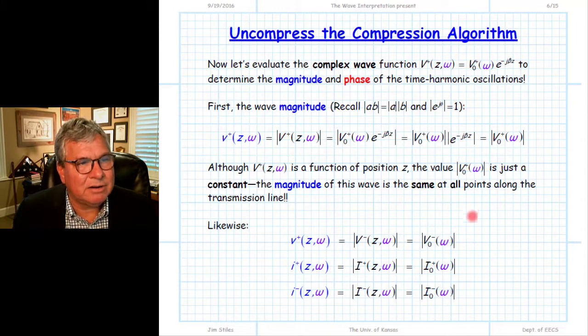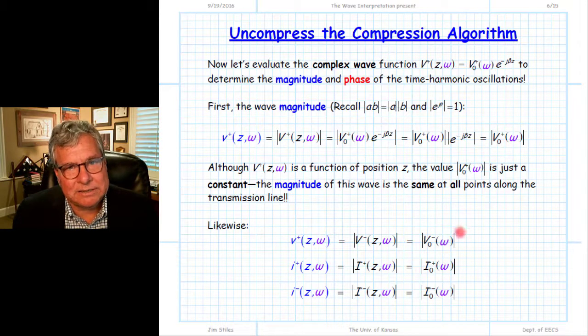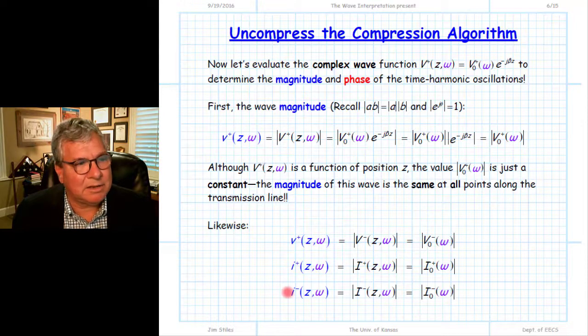Again, the point here is you look at it, you see no index z. The magnitude of the oscillation of the minus wave voltage in this case is independent of z, meaning it is a constant with respect to z. The same thing for the plus wave current, and the same thing for the minus wave current. At every point we get an oscillation with frequency omega, a sinusoid, but whatever that magnitude is at one point, it is at all other points if we're looking exclusively at V plus or V minus or I plus or I minus.